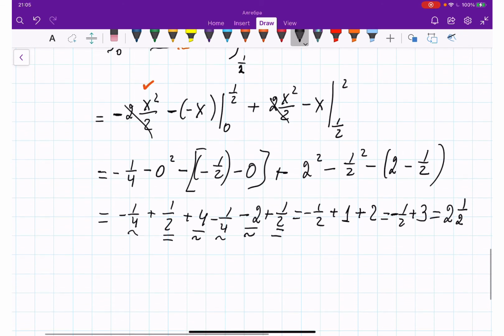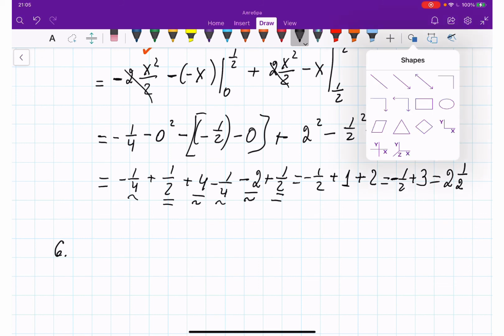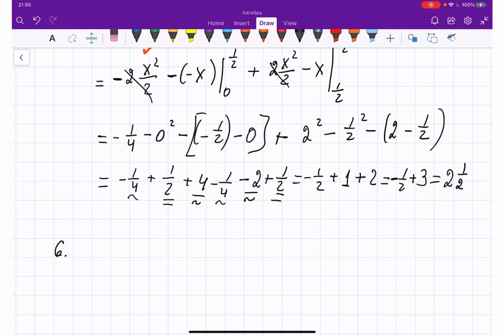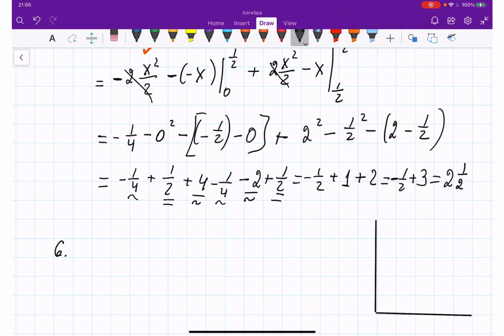Solving the next one, number 6. So we are given the following parabola. In parabola, it's gonna look like, let me see.